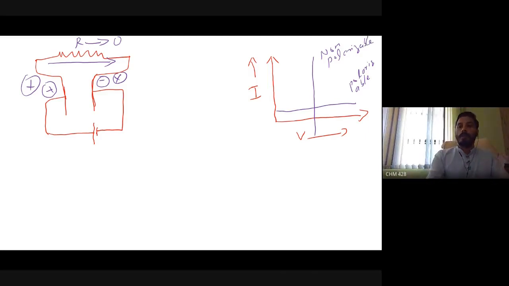A non-polarizable interface will happen when the resistance tends to 0. Under such conditions, there will be a current flow without a voltage change. Or I would say a non-polarizable interface resists any change in voltage across that interface.